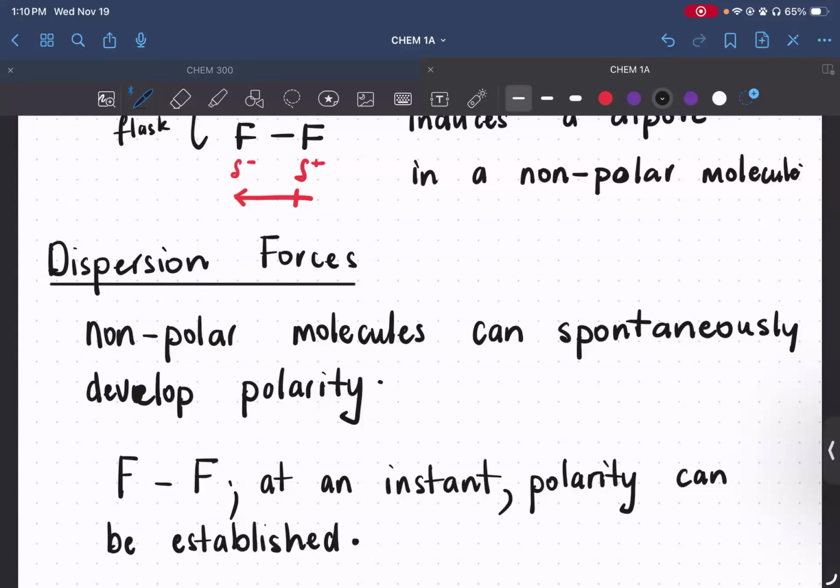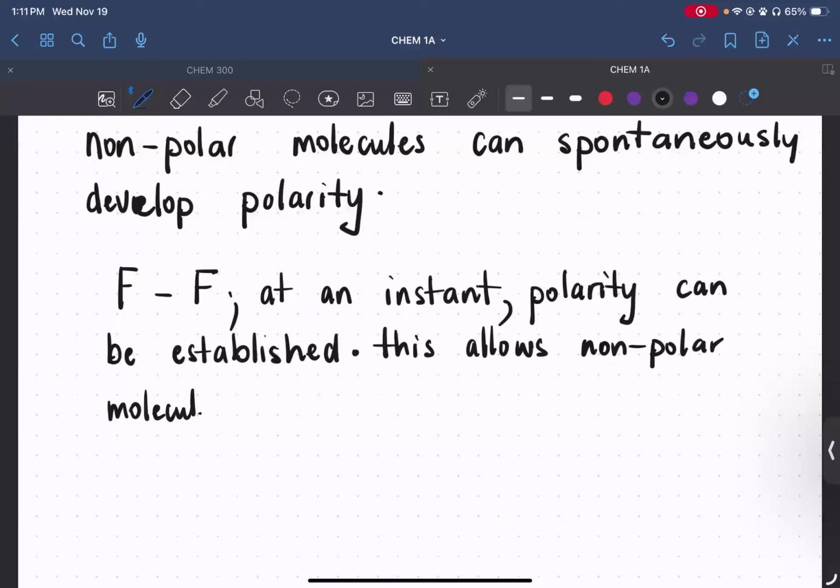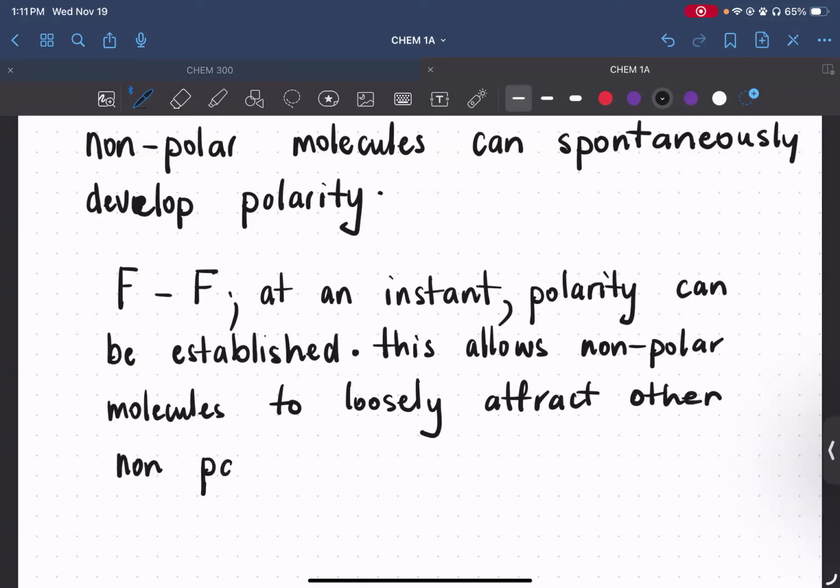At an instant, polarity can be established because in the game of tug of war, sometimes the left will win, sometimes the right will win, but the net effect in a nonpolar molecule is that it's overall neutral. But at an instant, polarity can be established. This is what allows nonpolar molecules to loosely attract other nonpolar molecules.